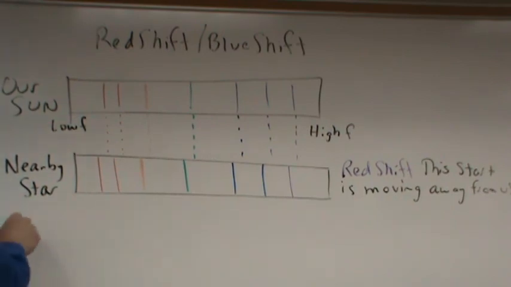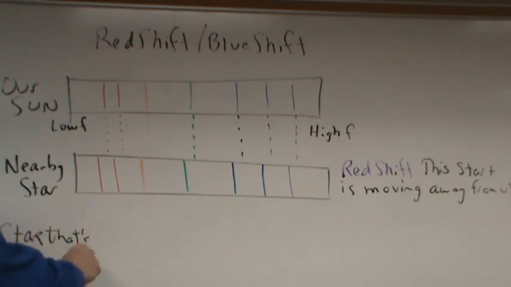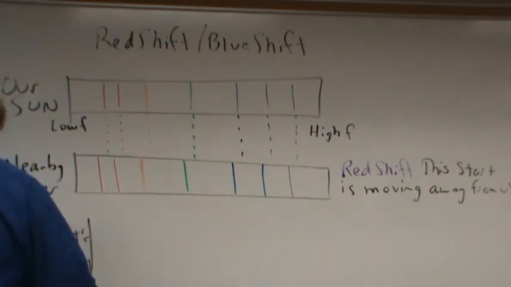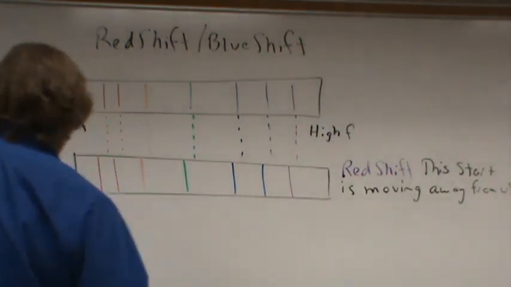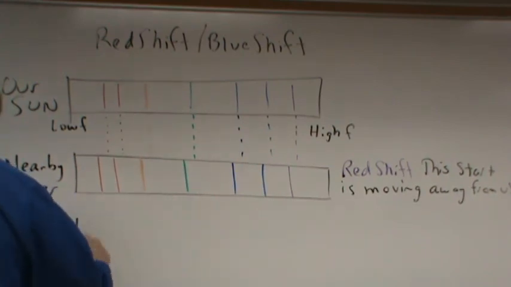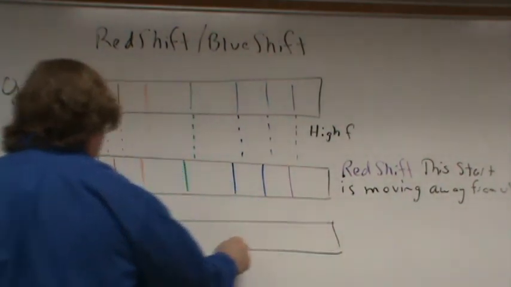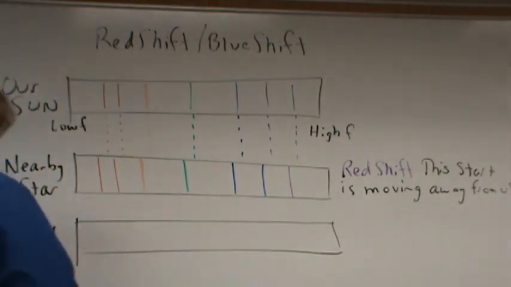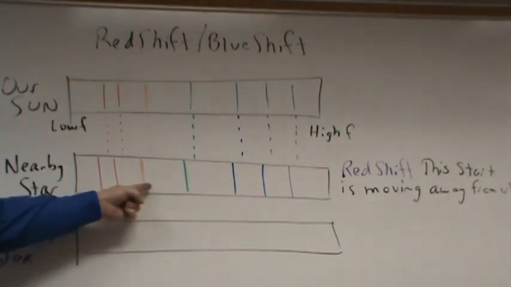So now we look at a star that's far away. Maybe a star that's 1,000,000 light years away. And we look at that star's redshift. Let me just say far away star. And we look at its redshift. And again, it's burning hydrogen.